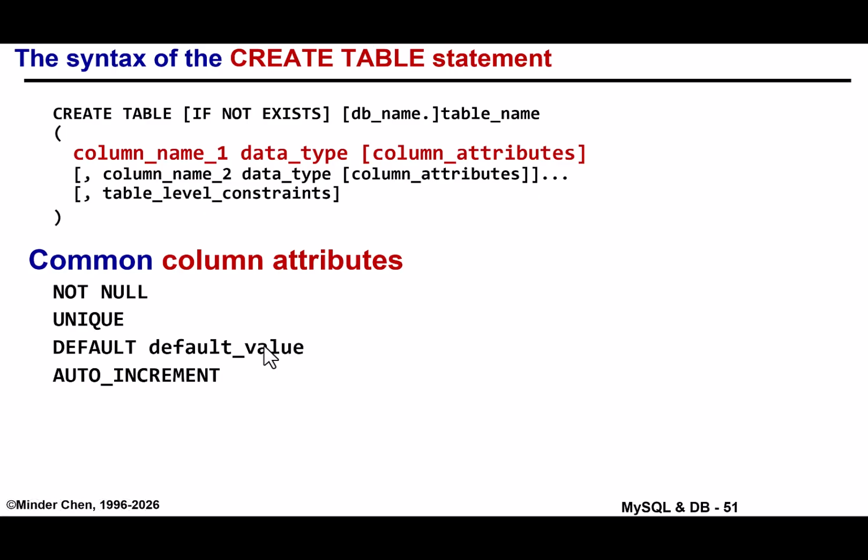Auto increment is auto number, which usually is for a primary key, where you automatically assign an integer like 1, 2, 3, 4, 5 without the user entering that information. That's called auto increment.